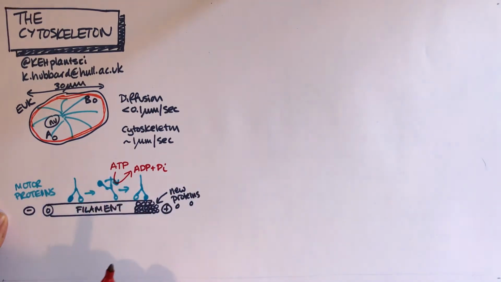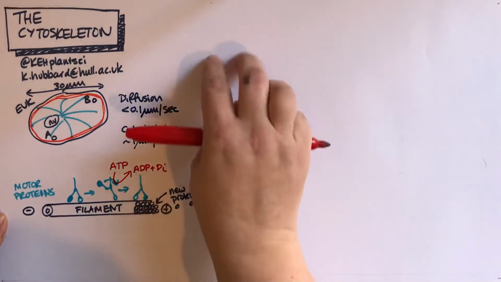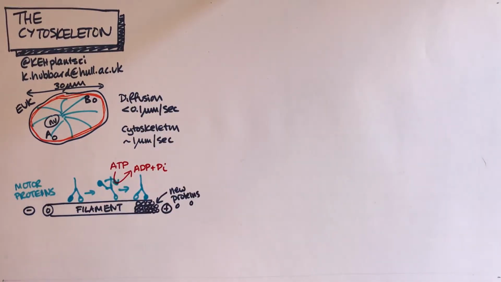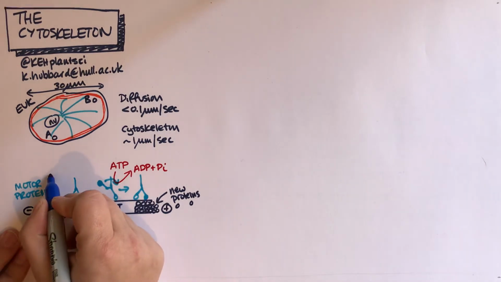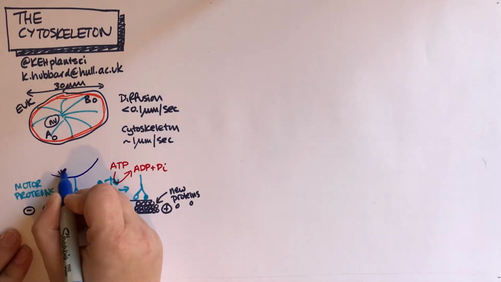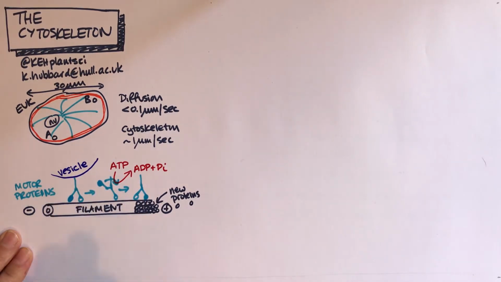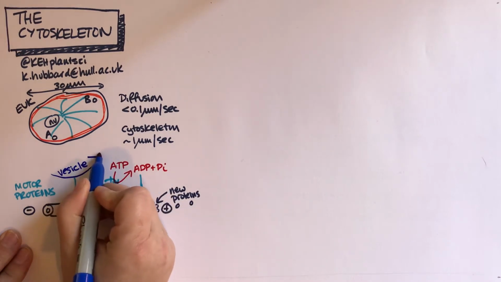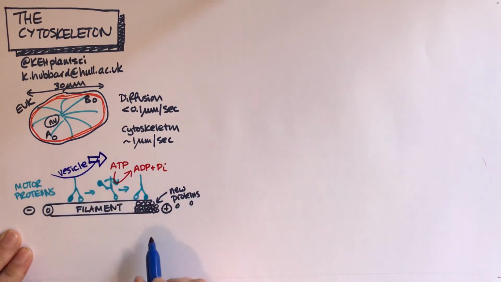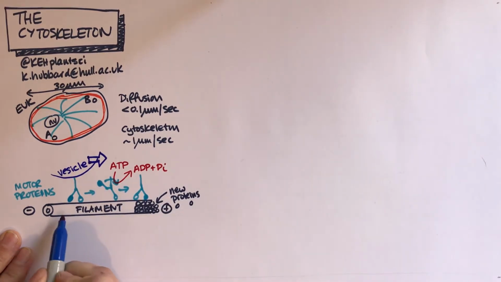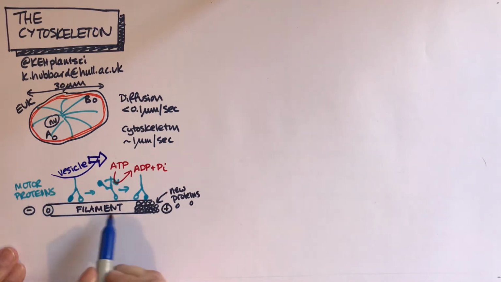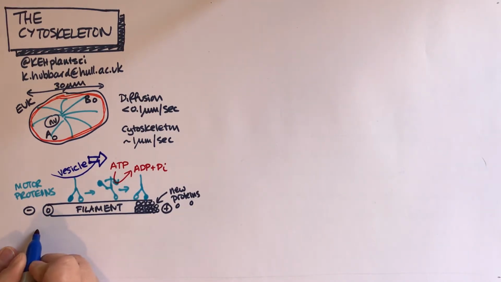So we have these little proteins literally walking along the filament like that, and if those proteins are attached to something, so let's imagine now that our vesicle is attached to that motor protein, these motor proteins moving along will pull that vesicle, so the vesicle will move along the filament, in this case towards the positive end. So we have these filaments, and we have motor proteins, and the movement of the motor proteins is powered by ATP.